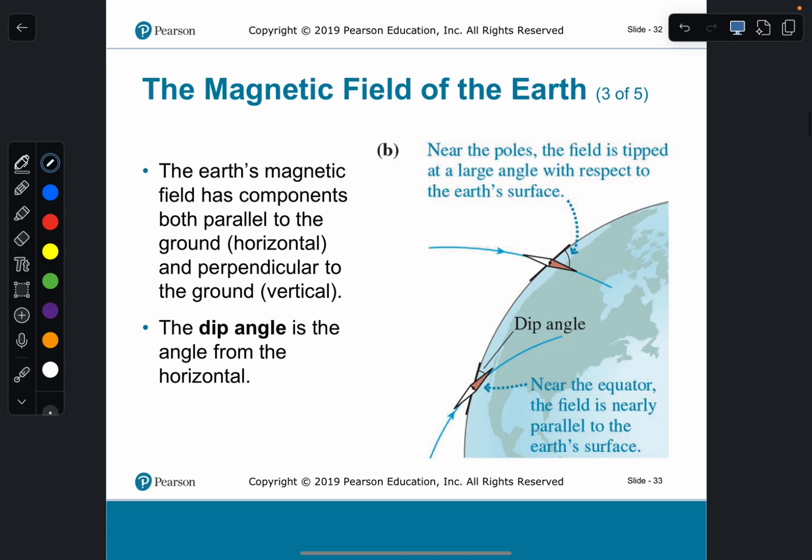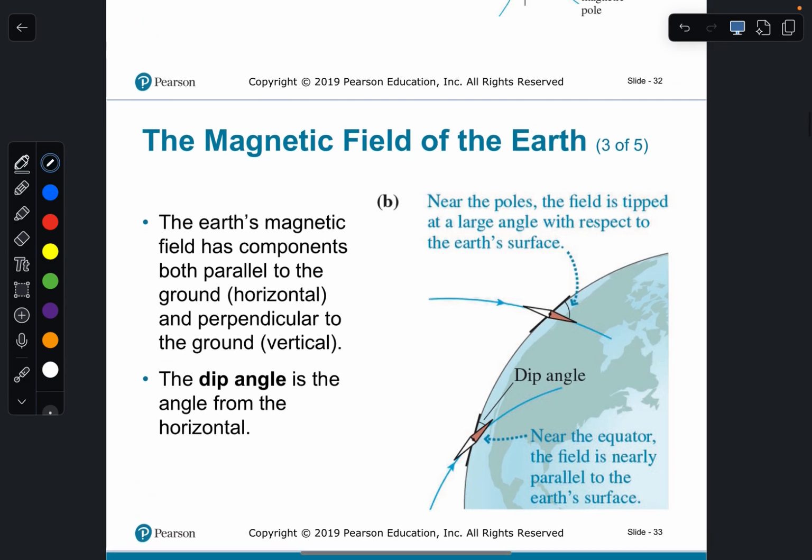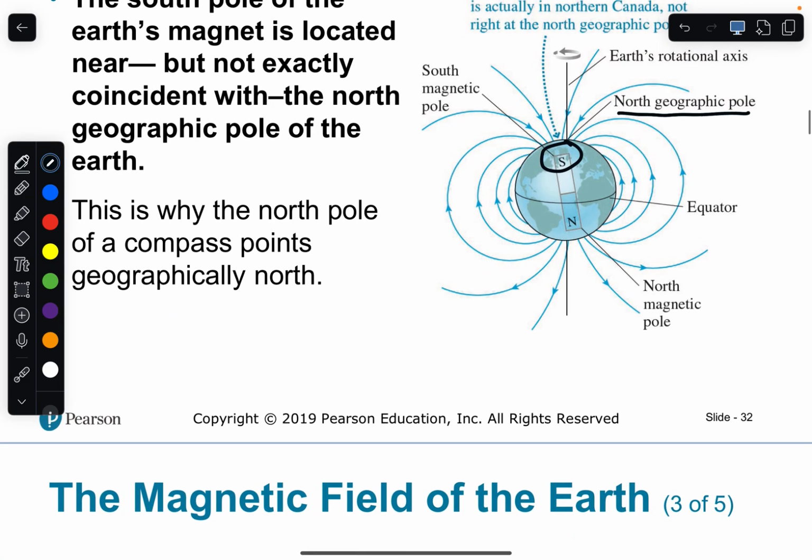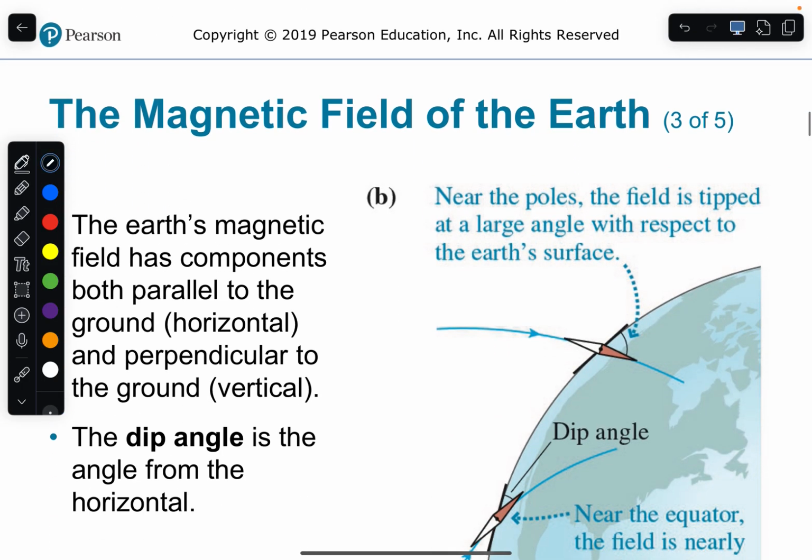So the magnetic field of Earth, in this picture, kind of looks like it runs parallel to the Earth's surface, but obviously up here, the direction of the magnetic field of Earth tilts down, right? It's not parallel to the surface, it's dipping down. So we call this the dip angle.